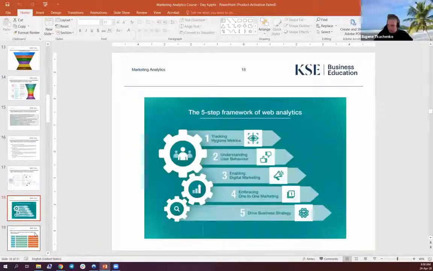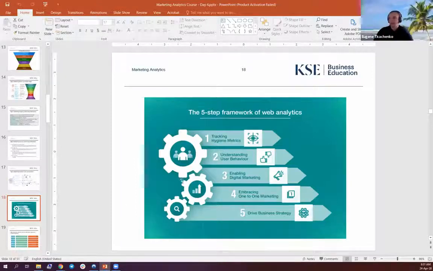So now we start talking about web analytics. As you can see, everything starts with web analytics because we need to tie it to our offline performance and our financial numbers. Web analytics and digital analytics are not exactly the same; they come hand in hand.